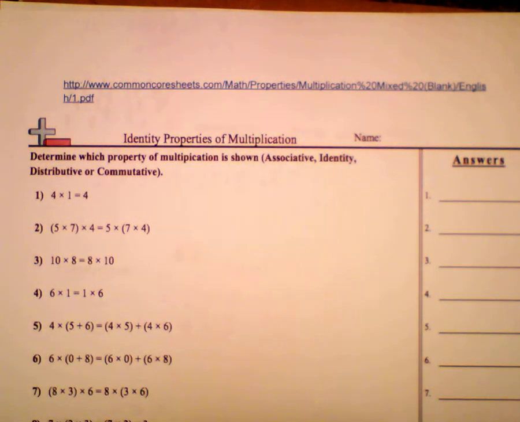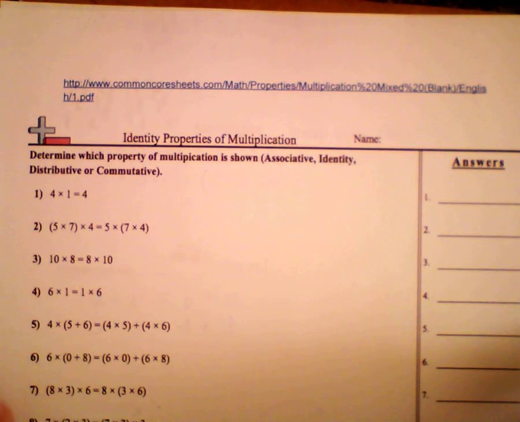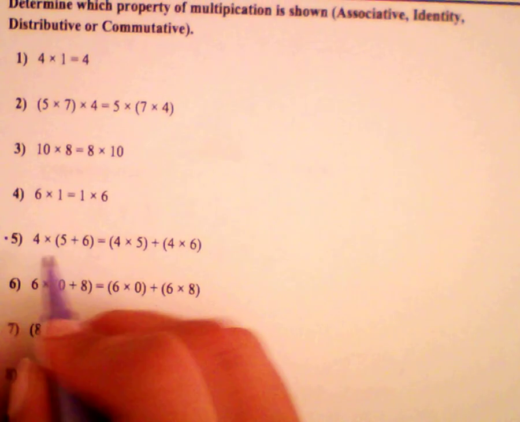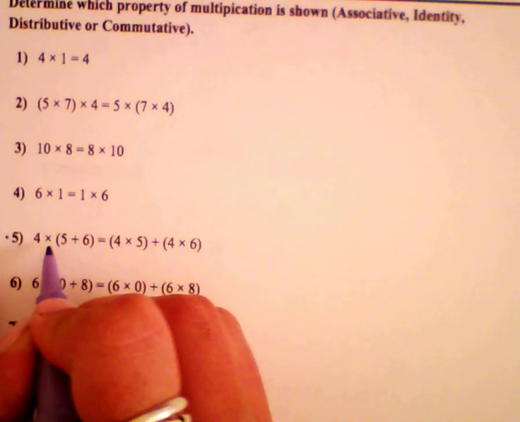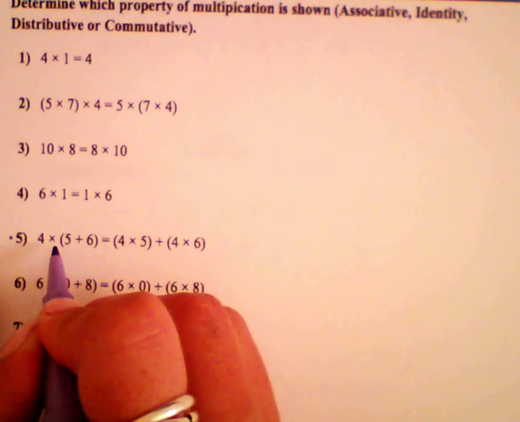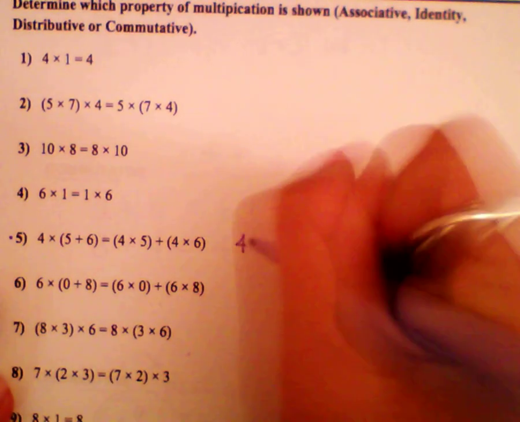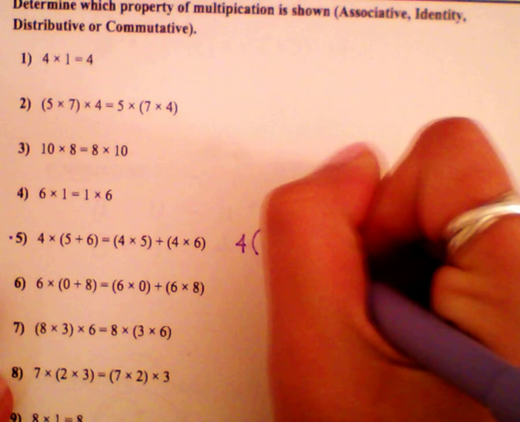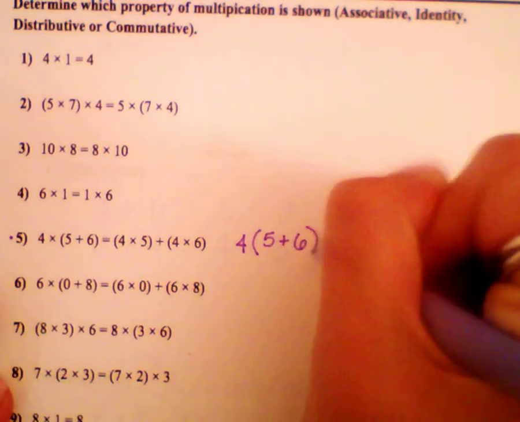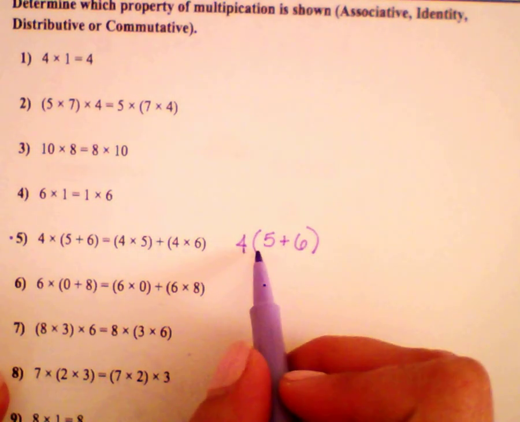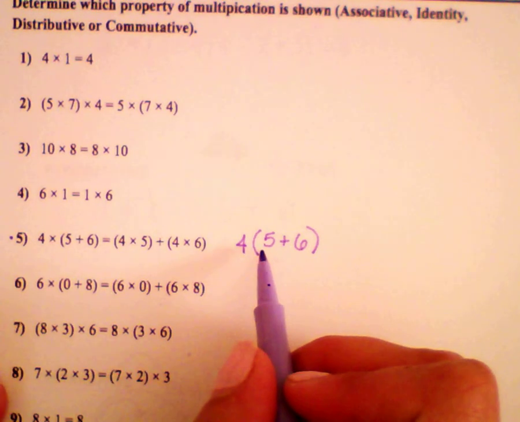One thing I want to point out, with number 5, let's zoom in a little bit. Something like number 5, notice that they've written in the multiplication sign. However, like what I showed you, it's the same thing as this, because anytime the number is touching the parentheses, I know that means multiplication.